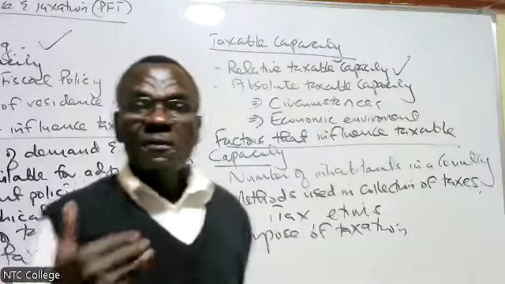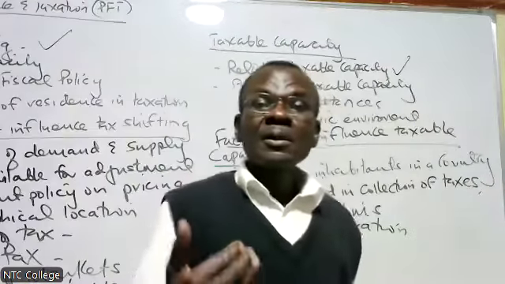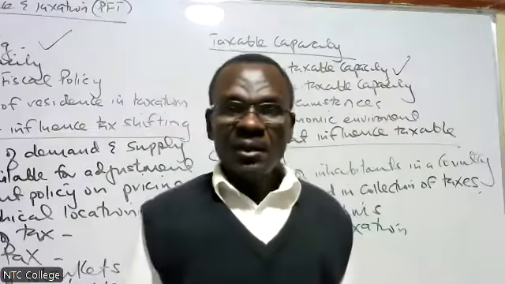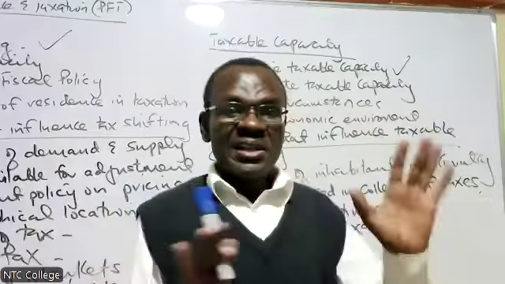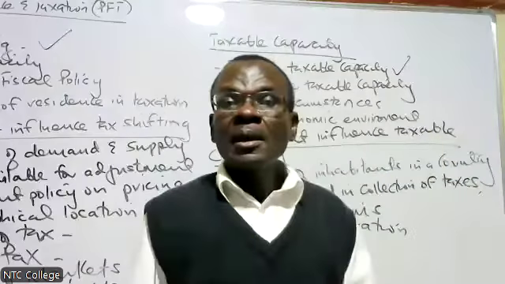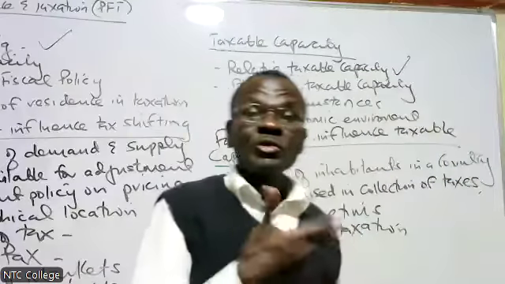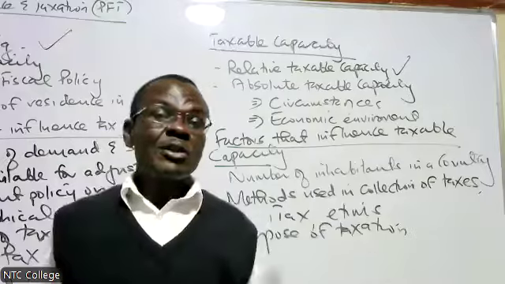However, if a lot of people discern or feel that the government is not doing much in as far as providing goods and services, or even using the tax revenue well.